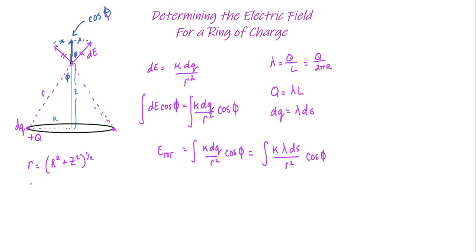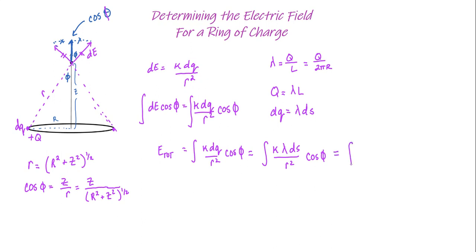We can also write an expression for the cosine of the angle, which is going to be z over little r, which could be rewritten as z over the expression that I found for little r, which is big R squared plus z squared to the 1/2. So I'm going to make, again, more substitutions into my expression here.